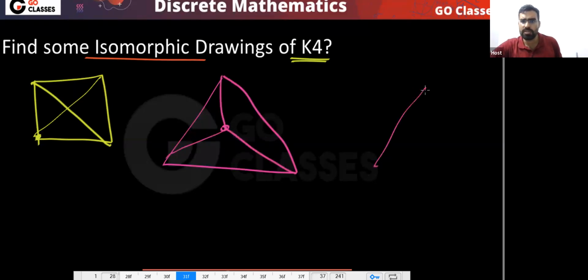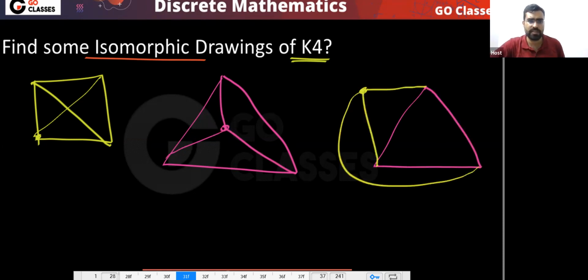Or what I can do, this vertex I can pull out like this, and make it adjacent to everything. So this is also K4. Like this, you can draw the K4, very simple.